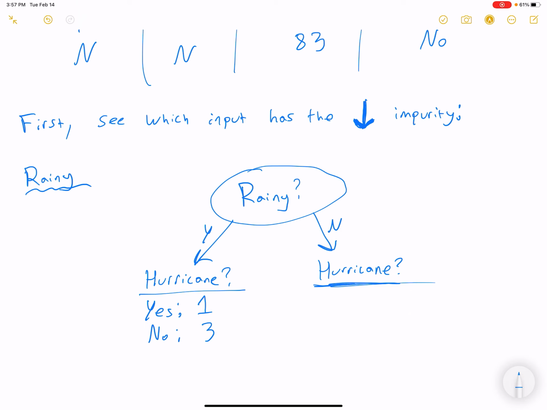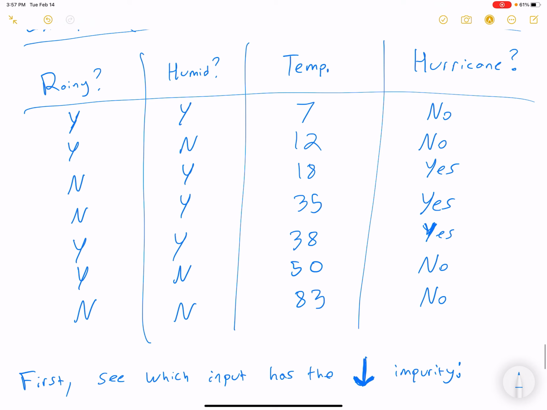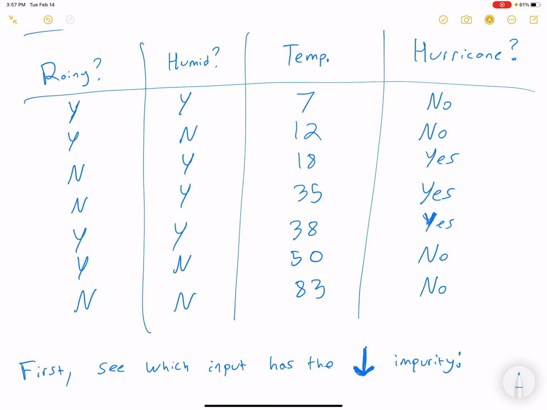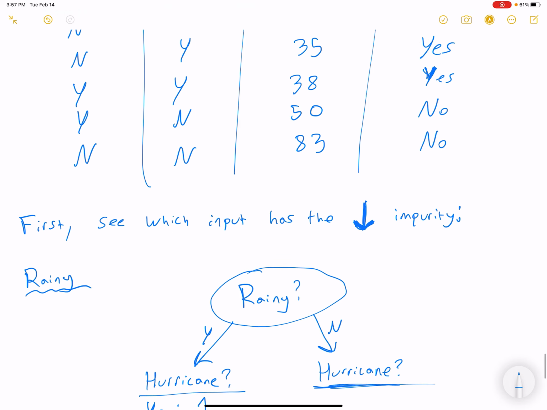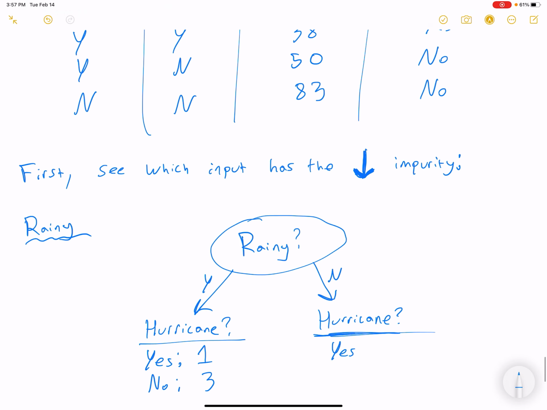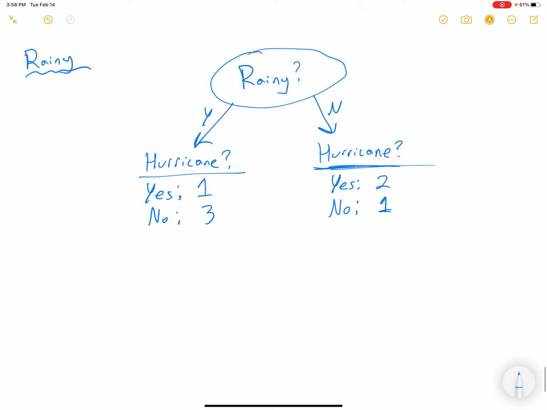And similarly, when rainy is no, that would be row 3 and 4 and 7. So out of those 3, 2 of them have hurricane yes and 1 has hurricane no. And so we can calculate the Gini impurity for each of these.